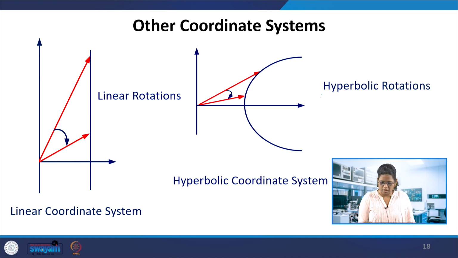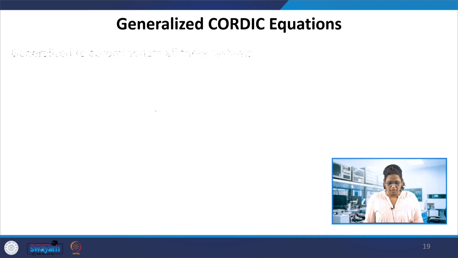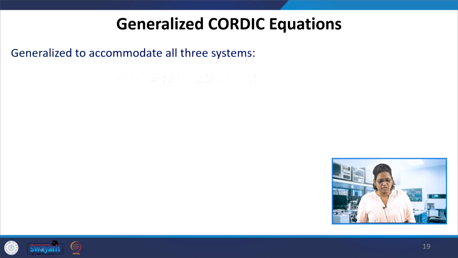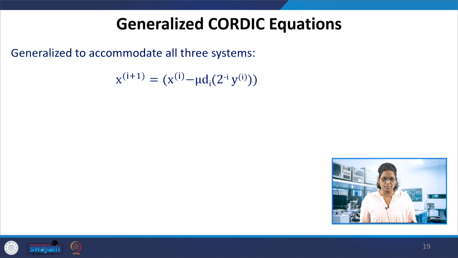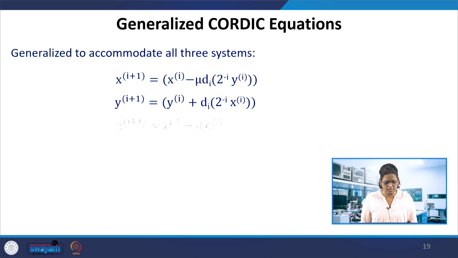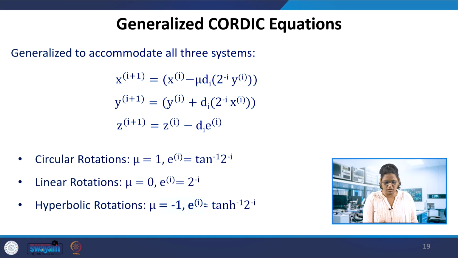Or it can be a hyperbolic coordinate system, in which the initial vector may be this or this, and as it moves, it moves along the hyperbolic curve. So instead of circular, we can have hyperbolic or linear rotations. This is the generalized CORDIC system, which includes the linear and hyperbolic coordinates. So these are the three, and you can see three equations, and another one which is mu.